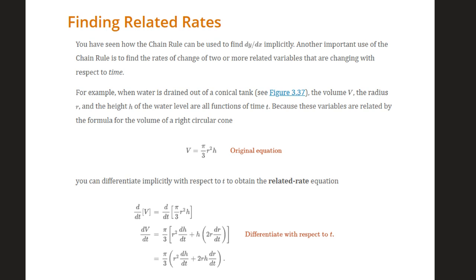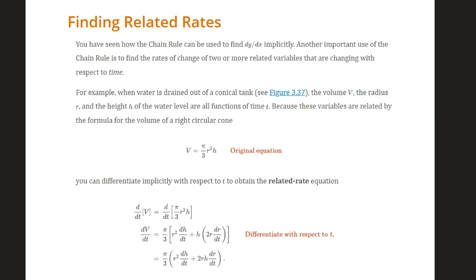With related rates, this is the example starting here. When water's drained out of a conical tank, and I'll scroll here in a minute so you can see the figure, the volume, radius, and height of the water level are all functions of time. As the water drains out, all these values are changing.